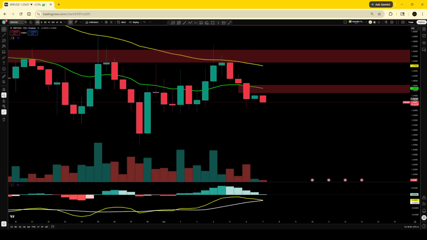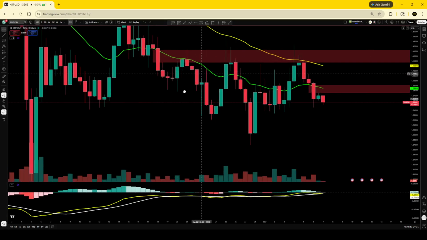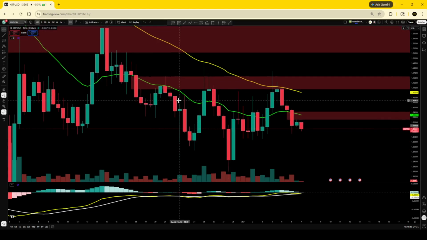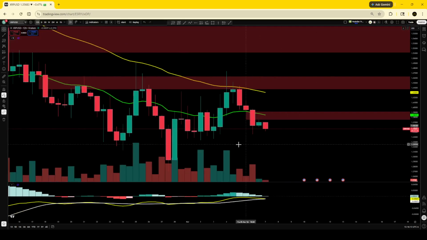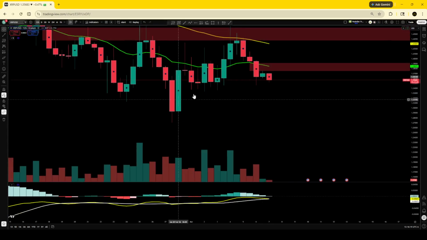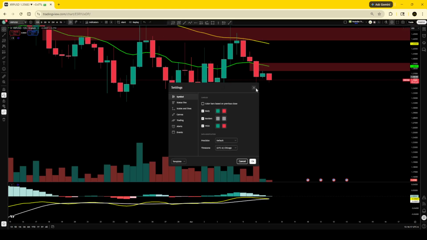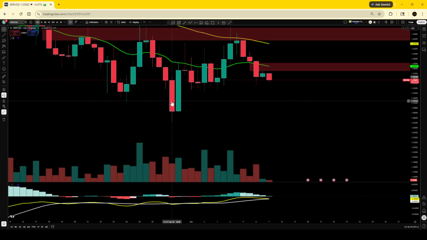So we have a hammer. Let's see if you have a hammer. This is a hammer, shooting star, whatever. Don't get too bent on the name of these candles. Just learn how to trade the candles. So you have an engulfing candle, which is basically this green candle because it engulfed the previous candle.